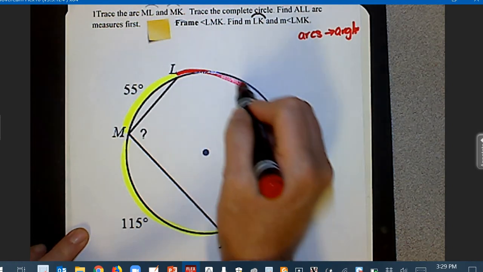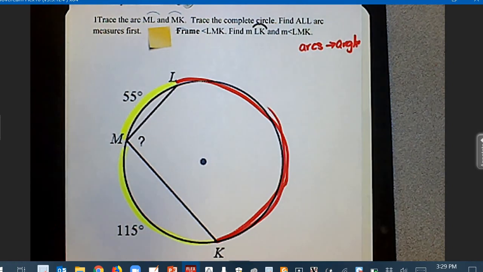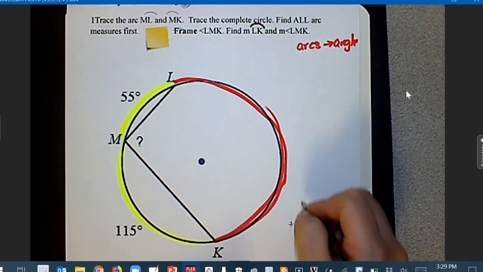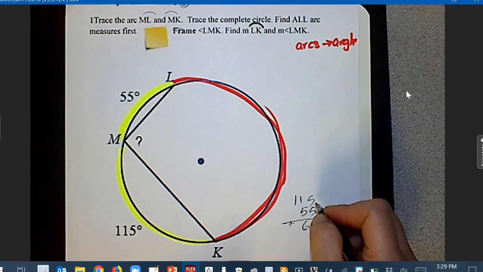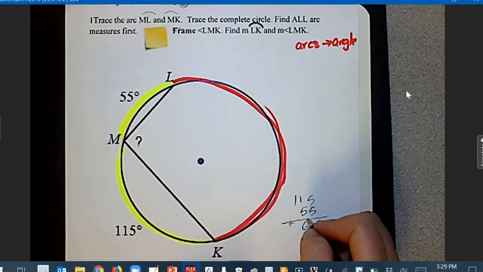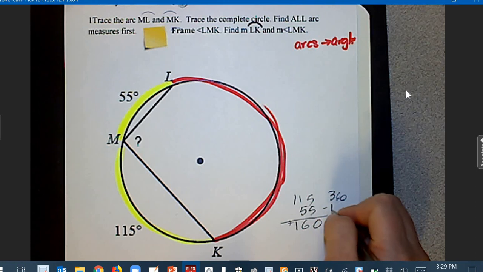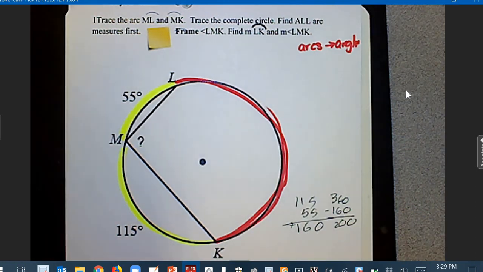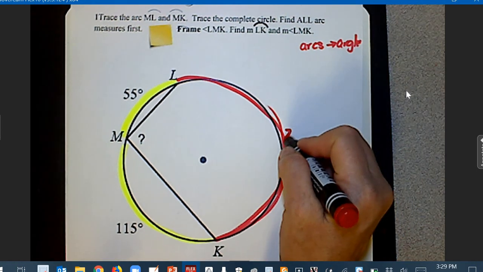So we're going to find this arc here. It's pretty obvious how to do that. So we found that the measure of this arc, because circles add up to 360, is going to be 200.